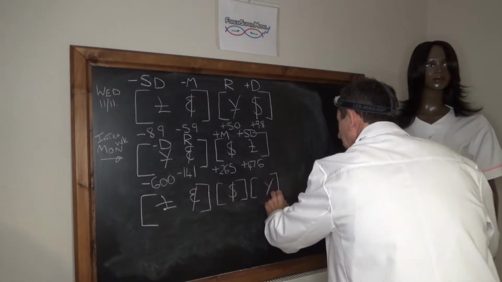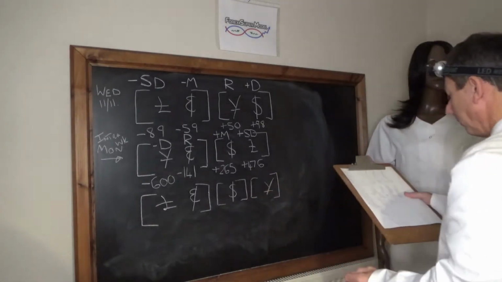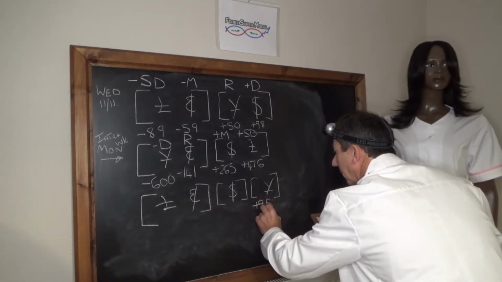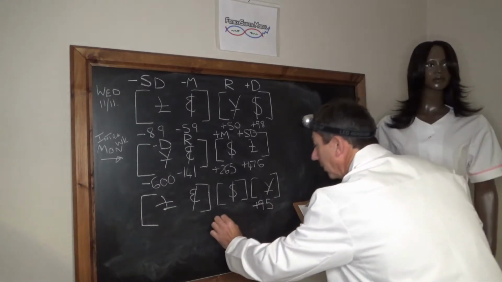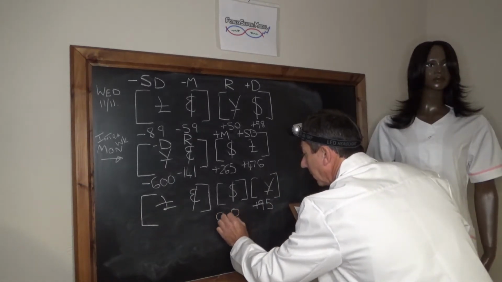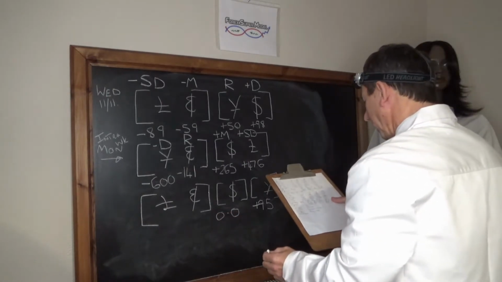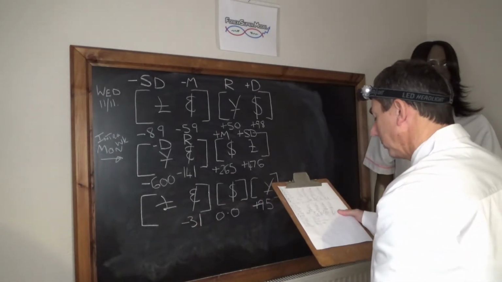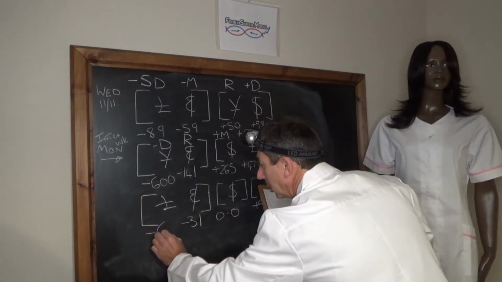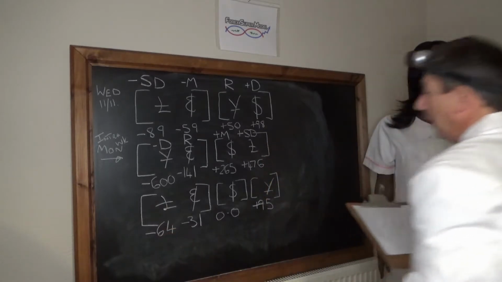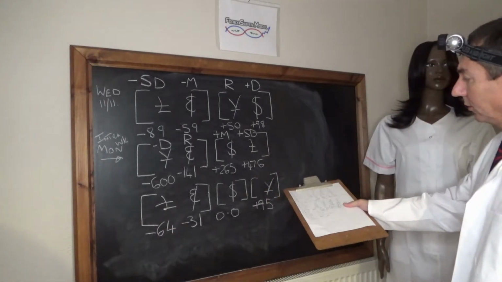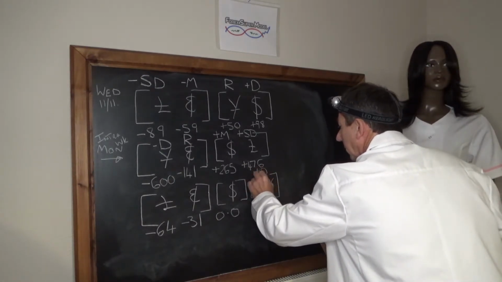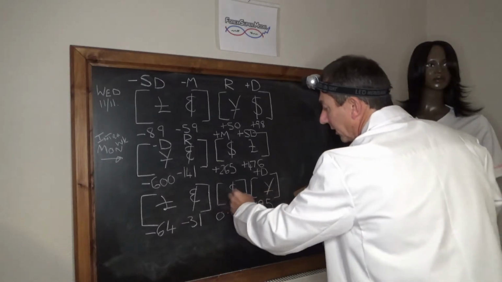So if we fill in the numbers, the yen was plus 95. The dollar was 0.0. And the euro was minus 31. And the pound was minus 64. Right, so we've got a positive driver in the yen. We've got a neutral rock because it's zero.